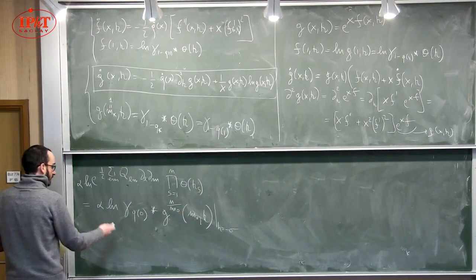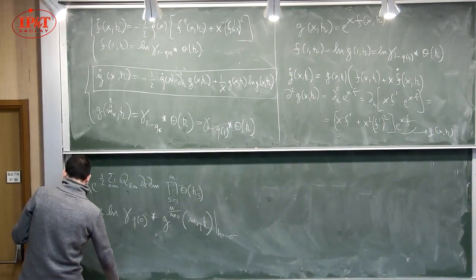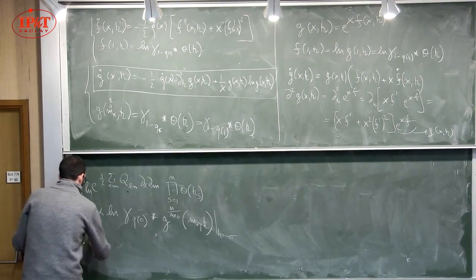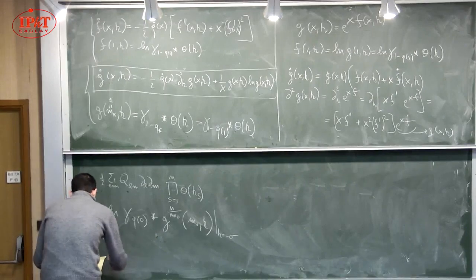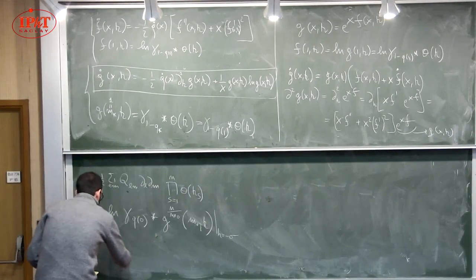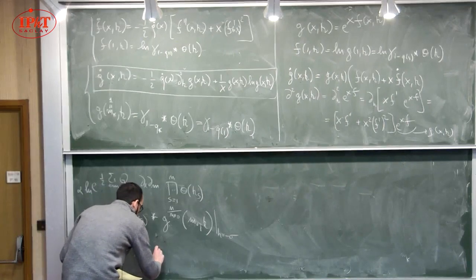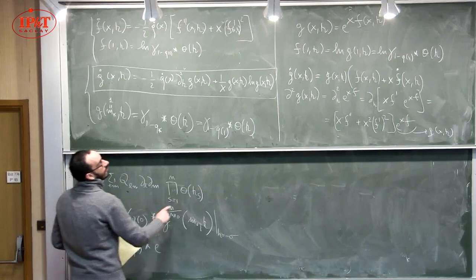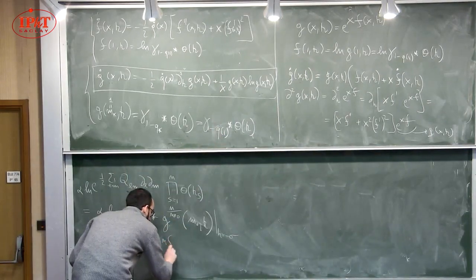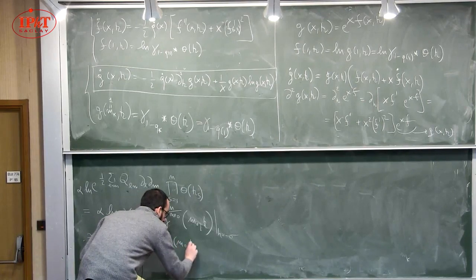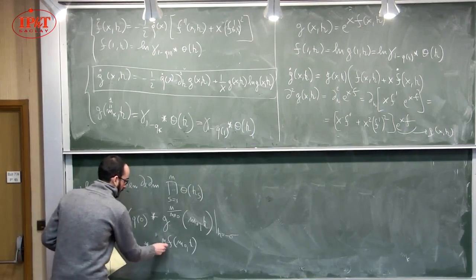Now we can take the n to 0 limit. So it's log, and here I use f, so I rewrite g in terms of f. This is m. Then I develop for small m.